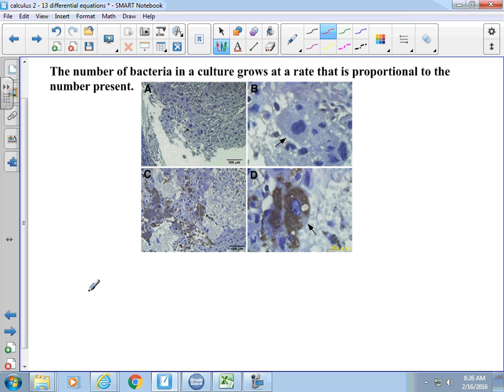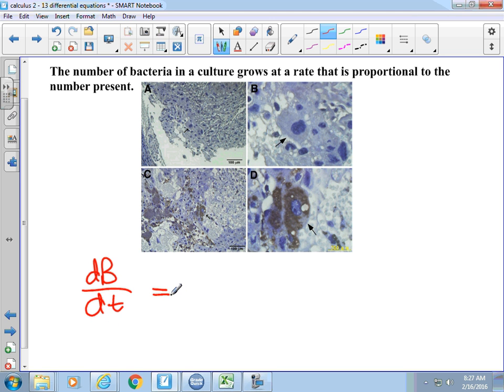What kind of variable do you use for a rate? She already picked B, so we're stuck with B. dB dt. Why would that be a rate? Amount of bacteria over time. So a differential is a rate.